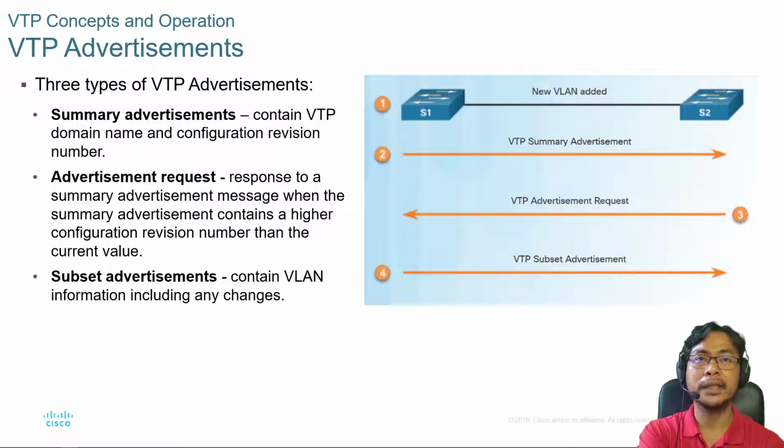After replying, the server will then send the subset advertisements. Then all the configuration will be sent to the requesting switch, and it will copy all the revisions from the server. If in any case the version of the client is lower than the version of the server, it will always send an advertisement request. That's how it works.